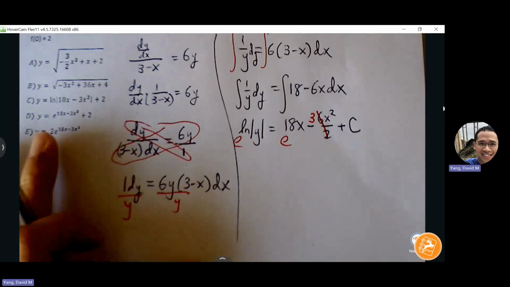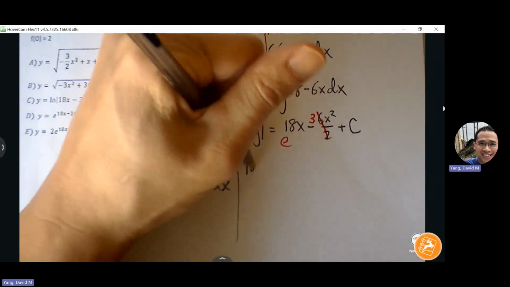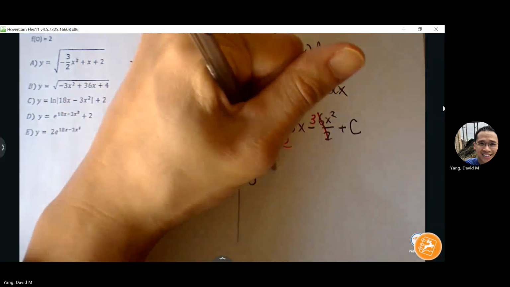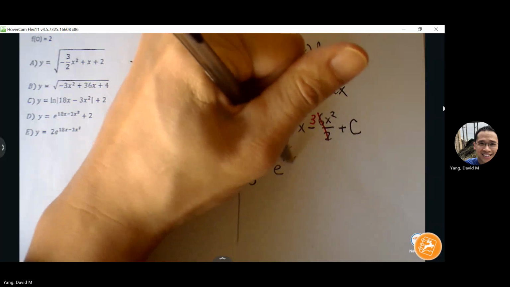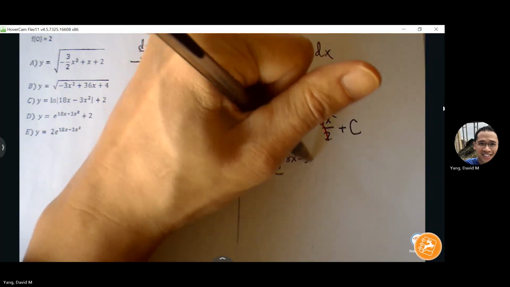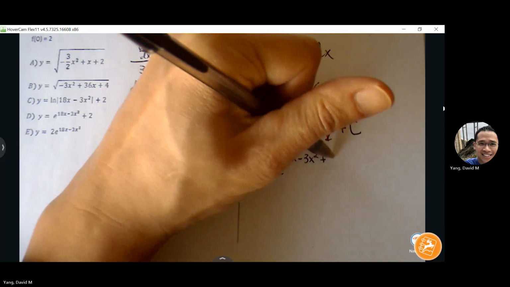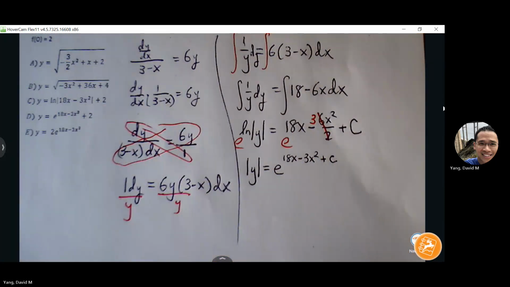All right, so we know e and natural log will have a way of canceling each other out. I can separate that c away from the rest of my expression with e to the variable times e to the c.